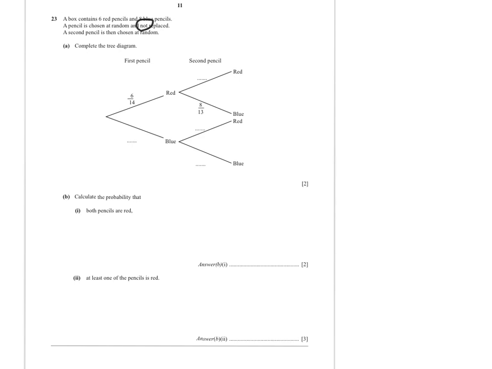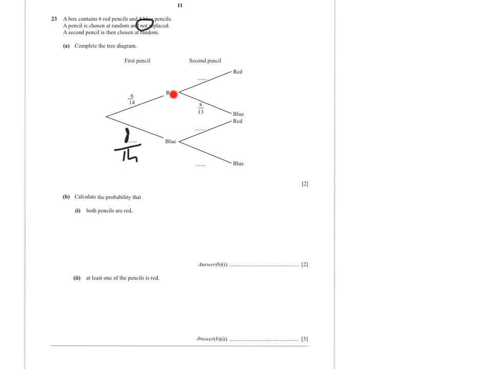Complete the tree diagram. Okay, so together this always needs to add up to 1. Because there's a 100% chance, it's certain, that you either get a red or a blue pen. So 6 over 14 and 8 over 14 here add together to 1, which makes sense because there are 8 blue ones out of 14 in total. That's the first one.